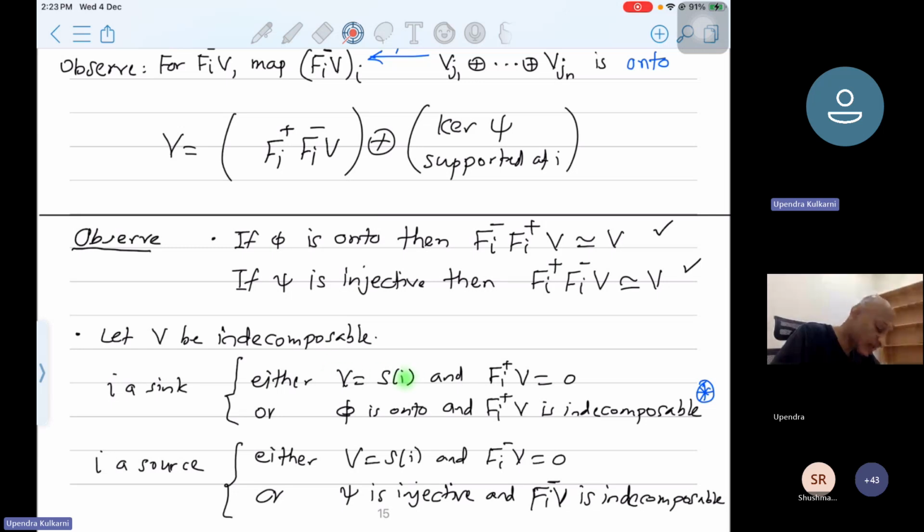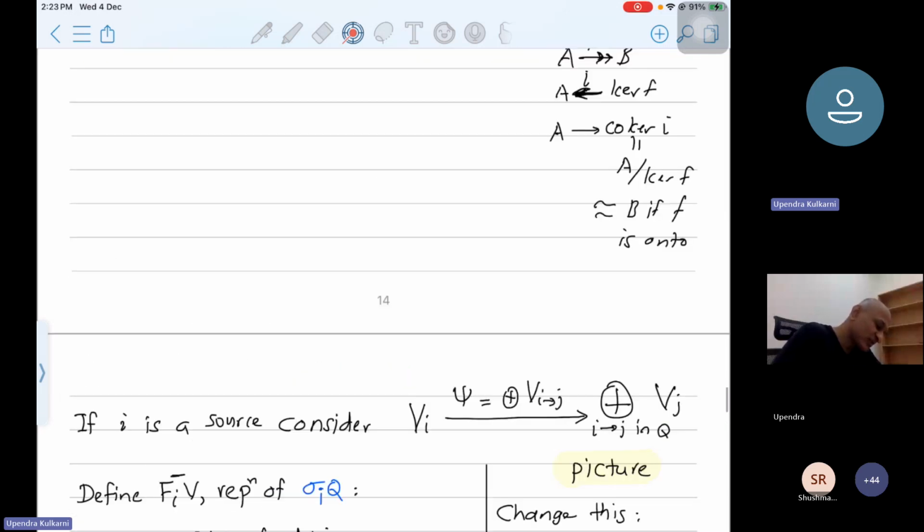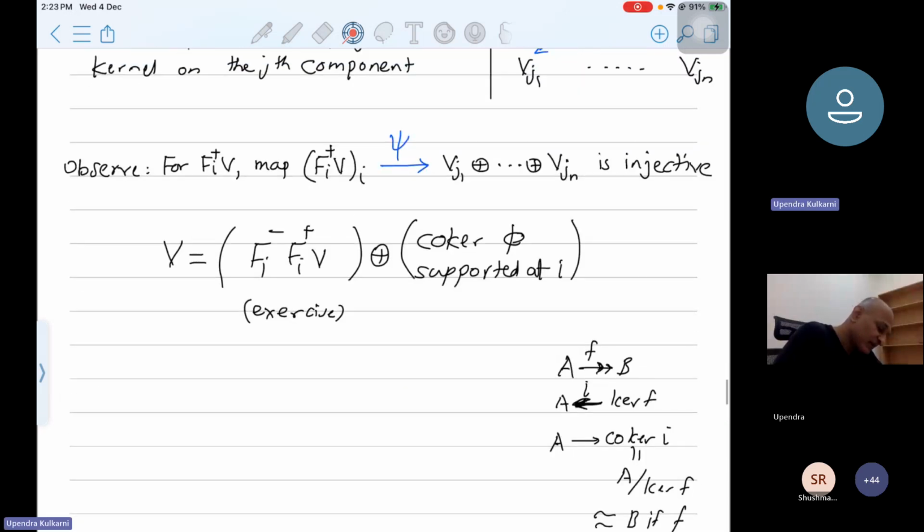So that means that if V is not equal to SI, then there must be some other modules. But no matter what, the map phi has to be onto. You see, if you want, I can go back to the original situation. V is going to be a direct sum of two things regardless of what happens, correct?